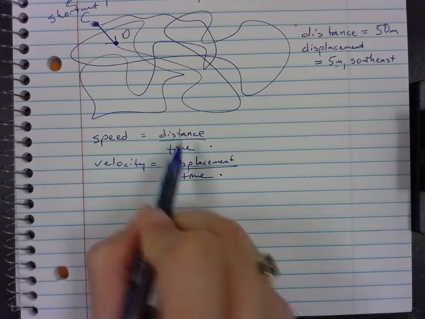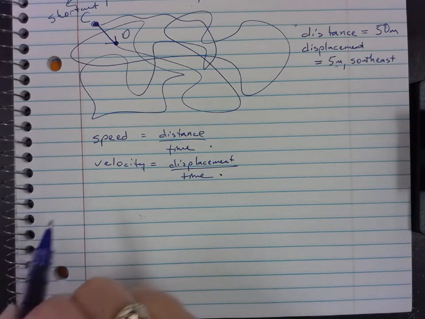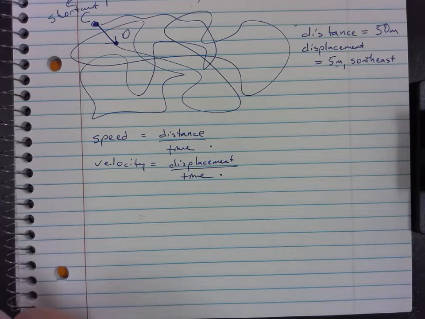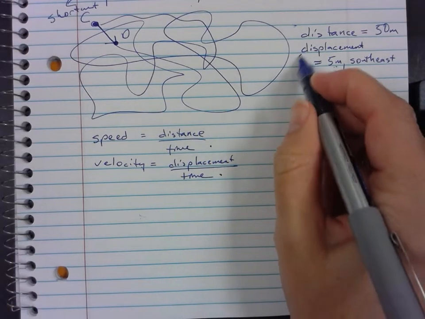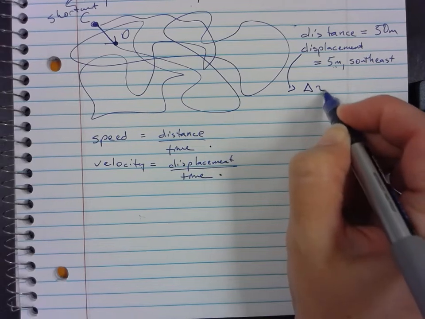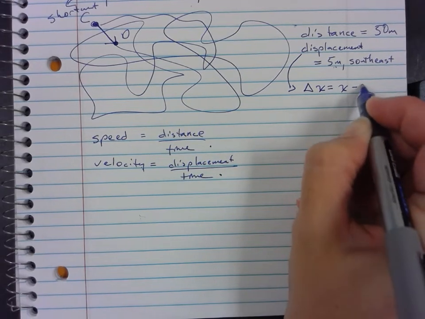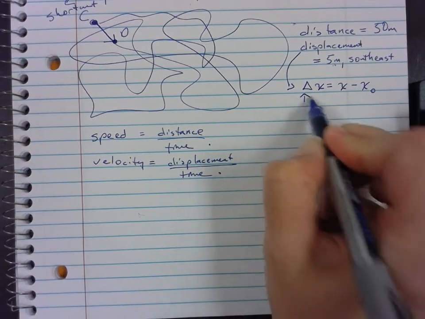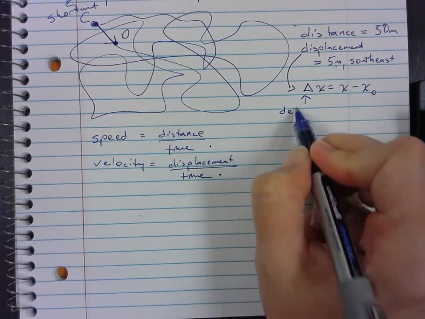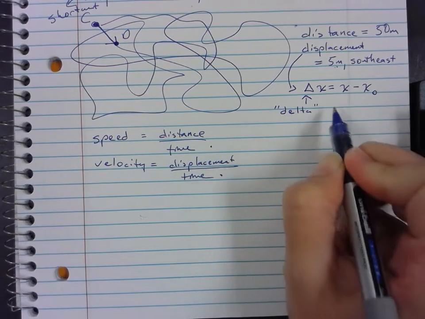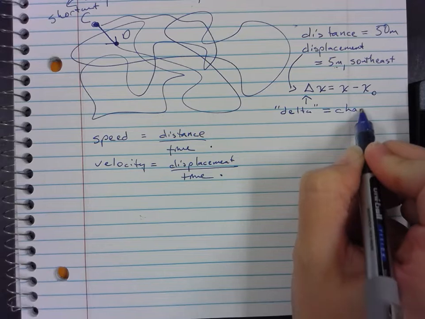We don't usually write an equation in symbols for speed as distance over time, but we will for velocity. So displacement, change in position. So remember, the triangle is the Greek letter delta, and it always means change.